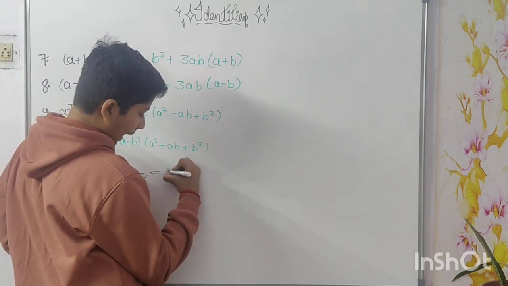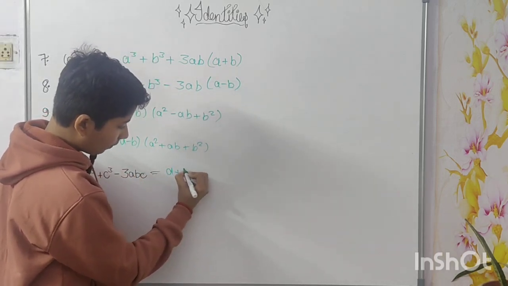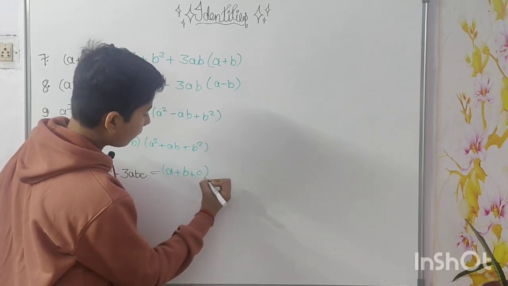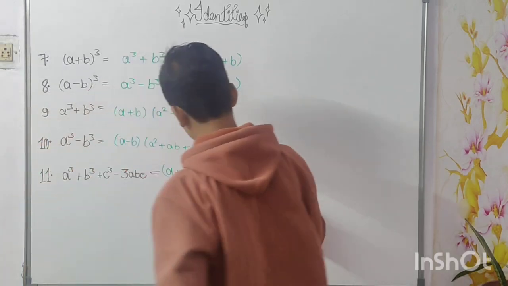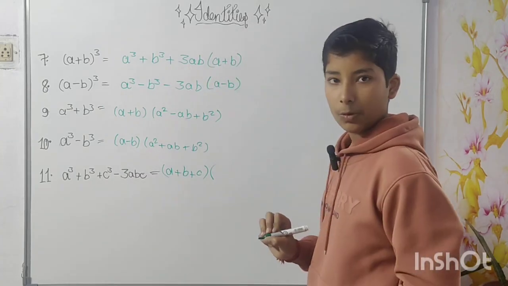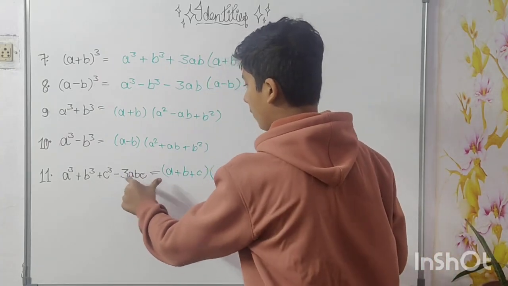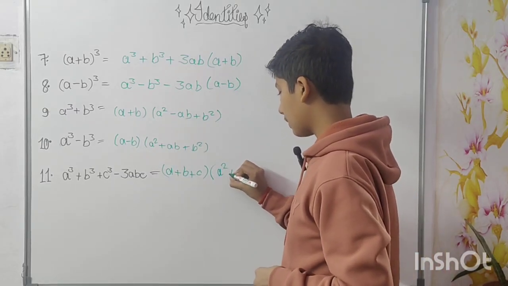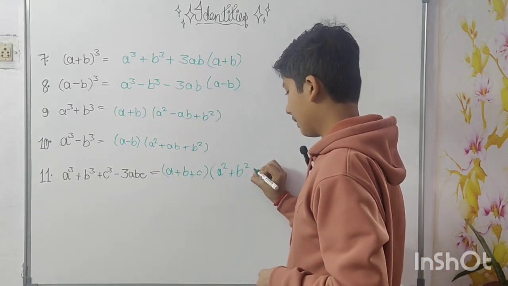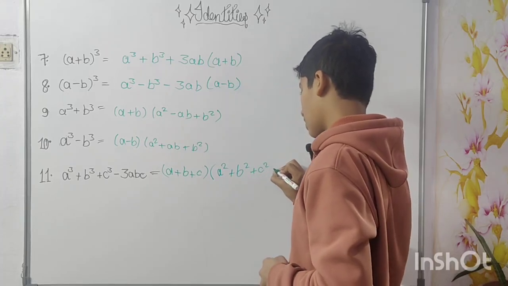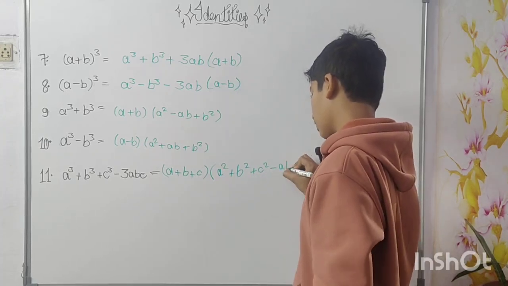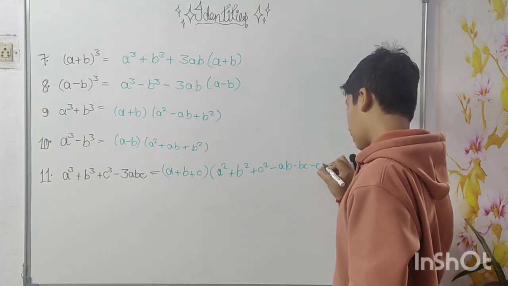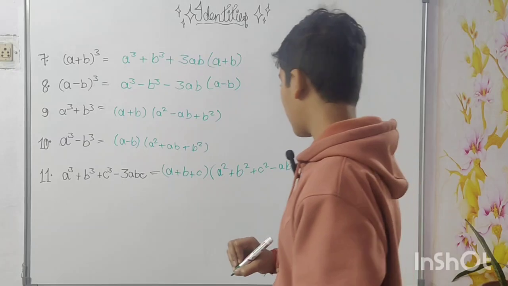It will be a plus b plus c, added and put in a bracket, then another bracket to open for minus 3abc. Firstly we square them: a square plus b square plus c square minus ab minus bc minus ca. So this is our identity.